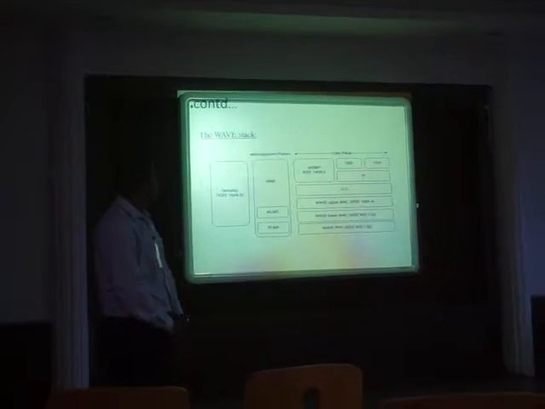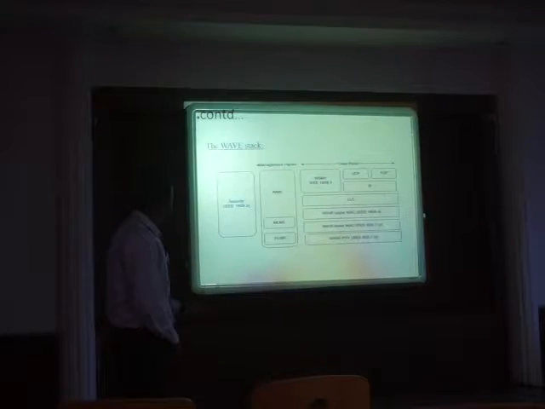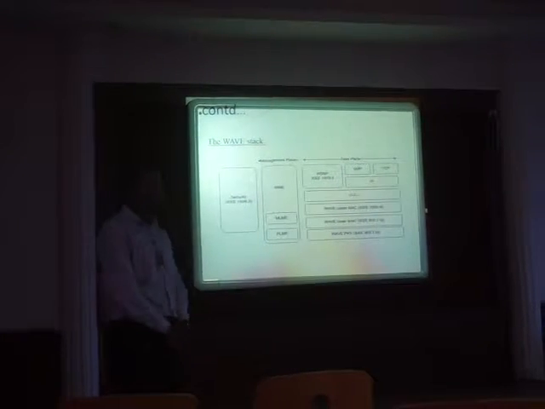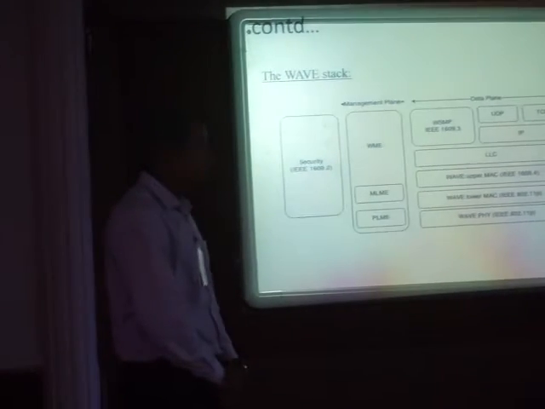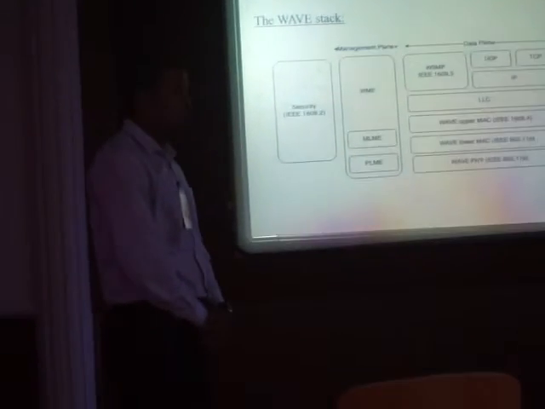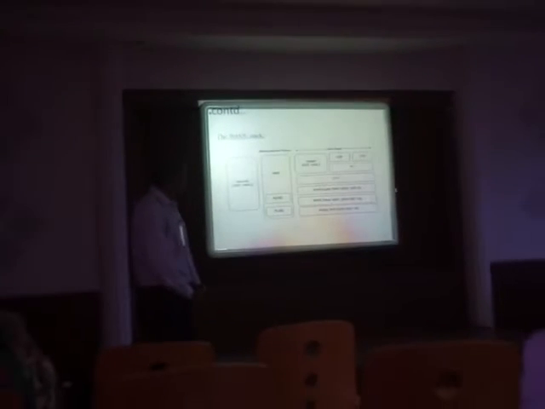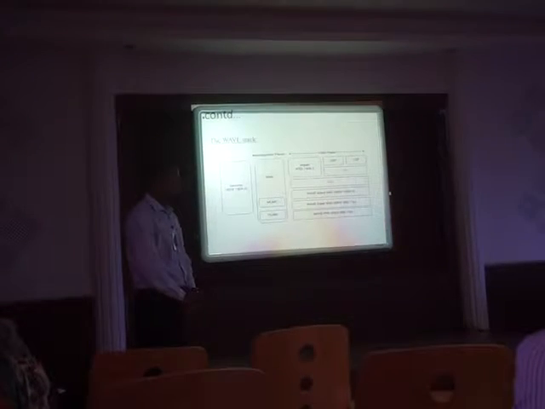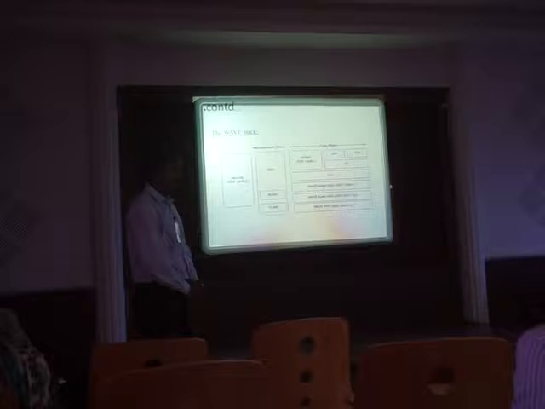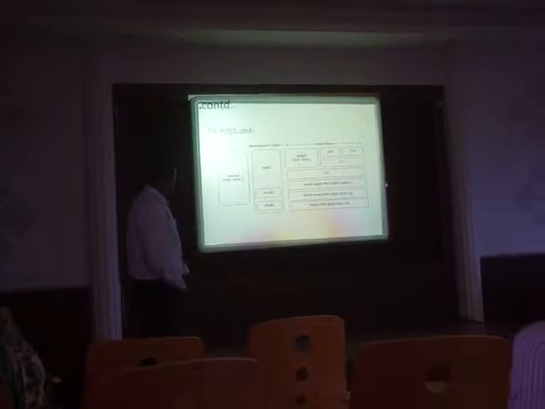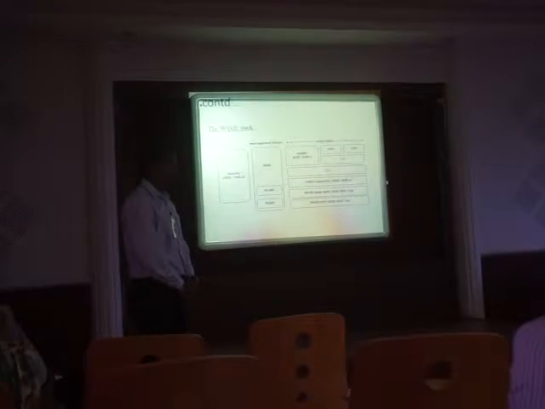We can also use IP and UDP. Plus there is one new protocol defined by 1609.3, which is WSMP, WAVE Short Message Protocol. Then there is a management plane, which takes care of all the management activities in the protocol. Then the security services are defined by 1609.2.